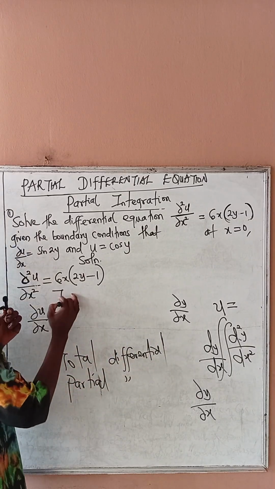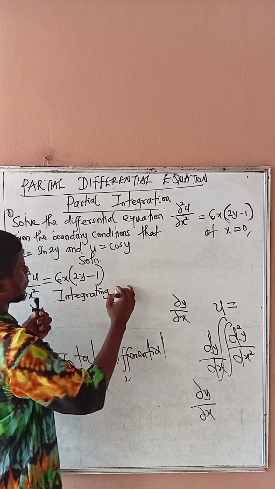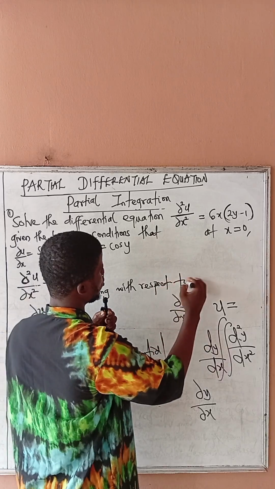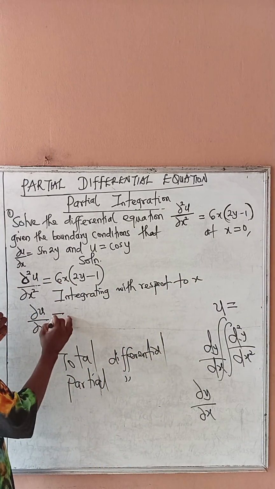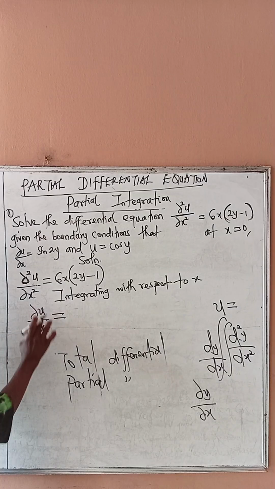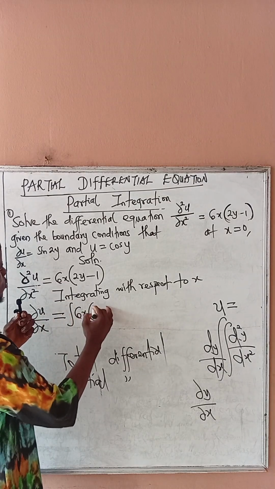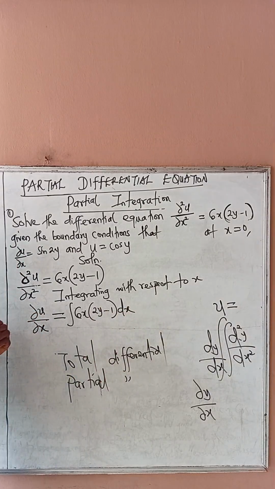So let me say, integrating with respect to x, I'll get this: partial u partial x equals the integral of 6x into 2y minus 1 dx. That's the integral setup.